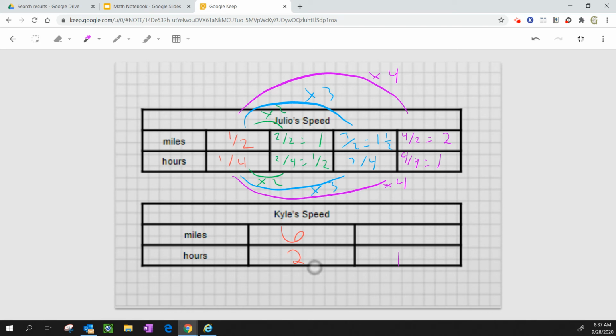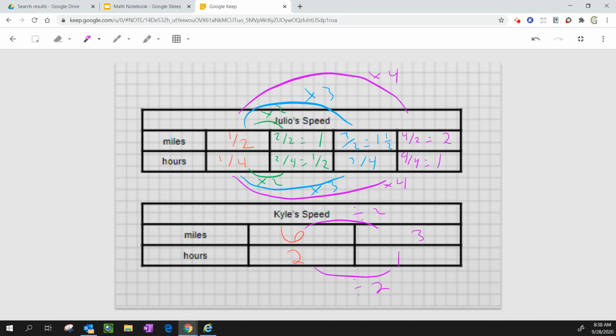So from 2 to get to 1 is divide by 2. And again, I'm dividing because 2 to get to 1 is getting smaller. So up here, I'm going to divide by 2. 6 divided by 2 would be 3. So now I can compare the two easily. I know that Julio does 2 miles in 1 hour, and I know that Kyle does 3 miles in 1 hour.